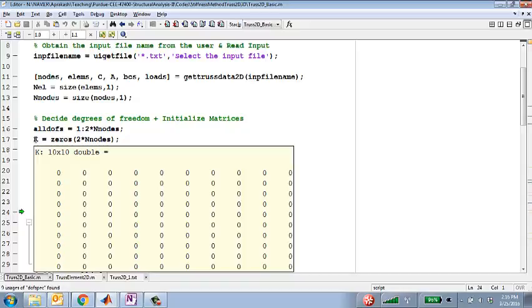That's the matrix that you started with on your homework, on this in-class assignment. Initially, it was all zeros, 10 cross 10 zeros. What we'll do is we'll ask MATLAB to fill in at the correct locations for each one of the elements in our truss. Okay.